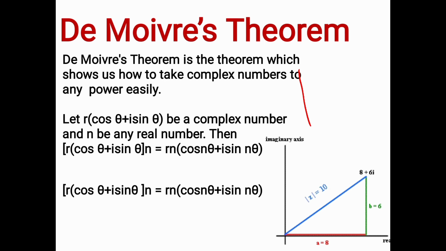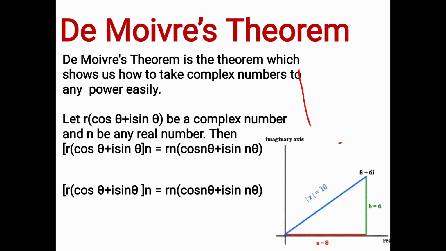Now this complex number to the power n, then we can write r to the power n, please note it is not rn, r to the power n, bracket cos n theta plus i sin n theta.